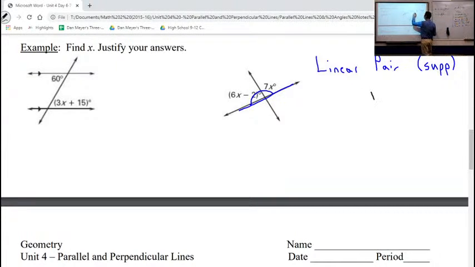Supplementary means when I add them together, then they should equal 180. So let's take our 2 angles and add them up to 180. My 2 angles are 6x minus 2. And then my other angle is 7x.